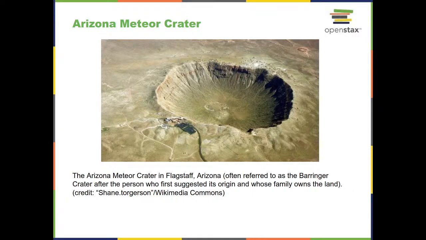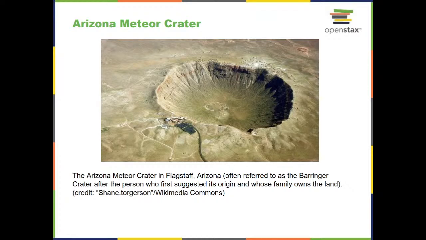So the textbook has an example for this, the Barringer crater in Arizona. It is an impact crater from a meteorite that landed in Arizona, and that of course caused that crater.